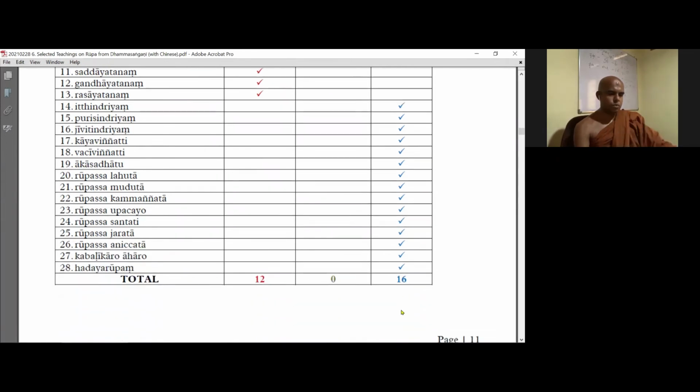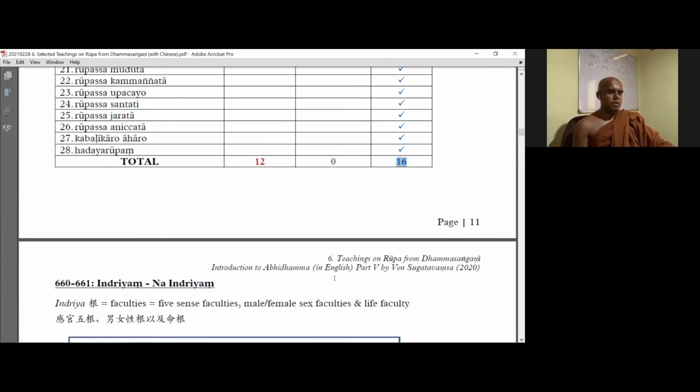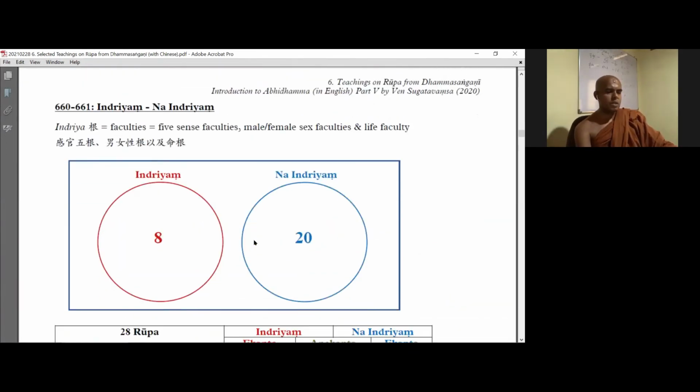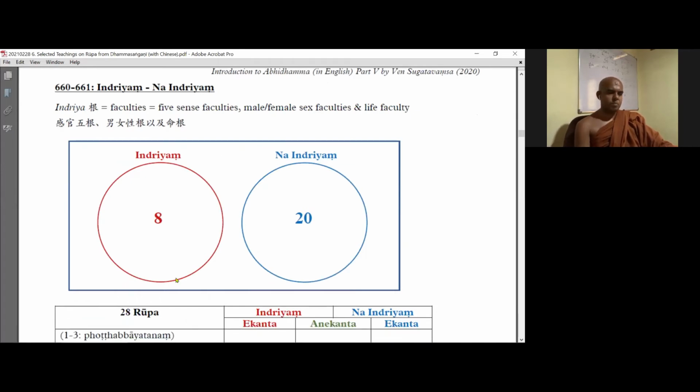Next one also explaining. Those are the 28 types of rupa. We can classify them into two groups according to indriya and na indriya: indriya rupa and na indriya rupa.